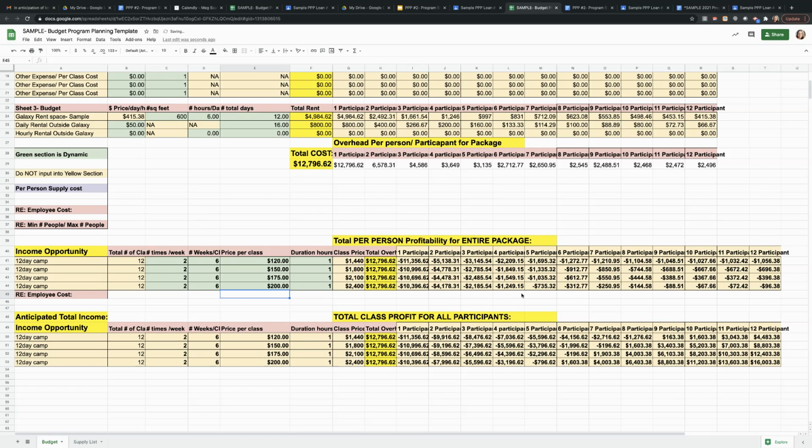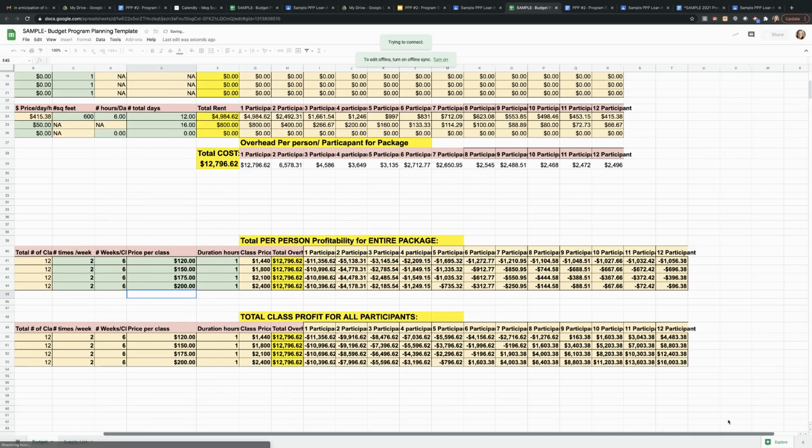We don't actually make money at these rates until, per camper, actually at 12, let's see, even at 12 campers, 12 participants, we're really not making money. So we have to adjust our budget.